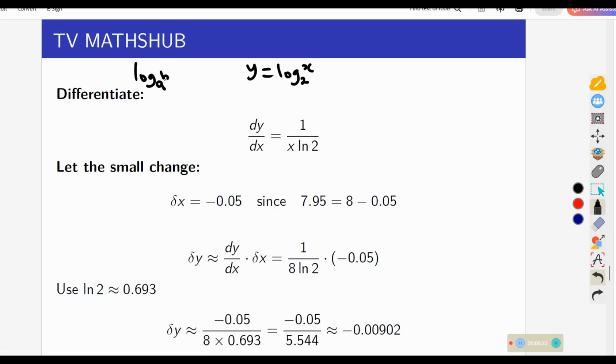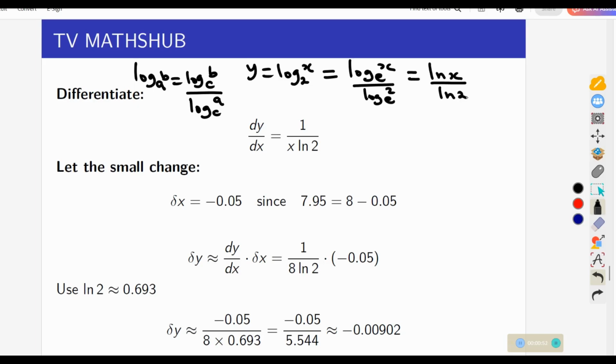If we have log a of b, you can change the base to base c: log a of b is equal to log c of b divided by log c of a. Likewise, I can write this as log e of x divided by log e of 2, which is ln of x divided by ln of 2.